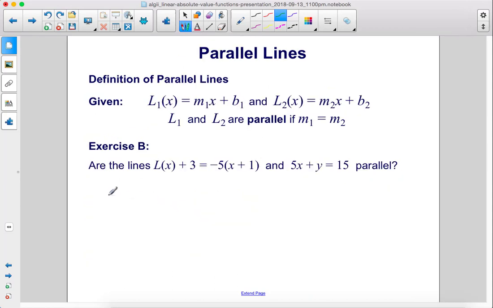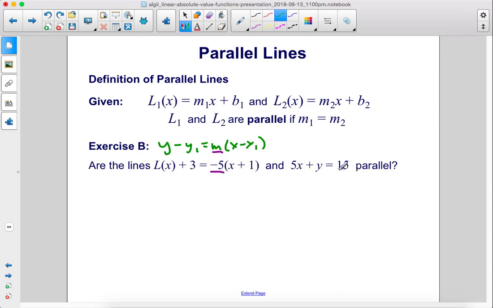Exercise B. Are the lines y + 3 = -5(x + 1) and 5x + y = 15 parallel? This line here is already in point-slope form, so that is y - y1 = m(x - x1). Therefore, m is -5. That's the slope of this line.